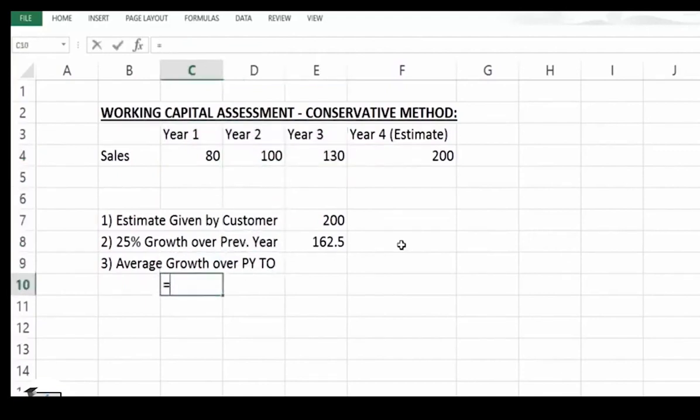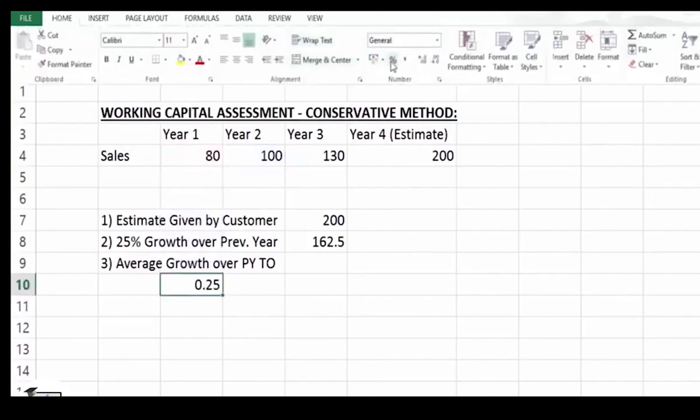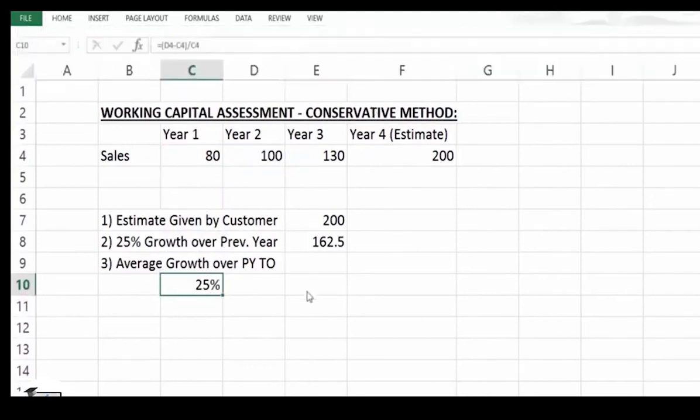If I measure the growth between year 1 and 2, it's 100 minus 80, so that gives you the growth, that is 20, divided by 80. If I express the growth as a percentage, it is 25%. Similarly, I have to do it between year 2 and 3, and very apparently we can see it's a 30% growth, because it is 130 minus 100, 30 over 100, it's 30%.